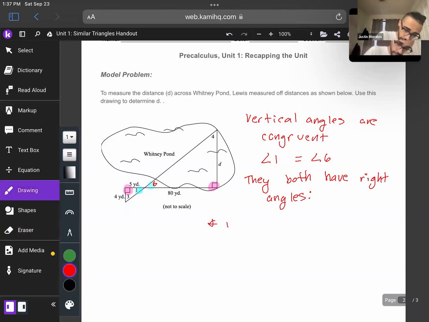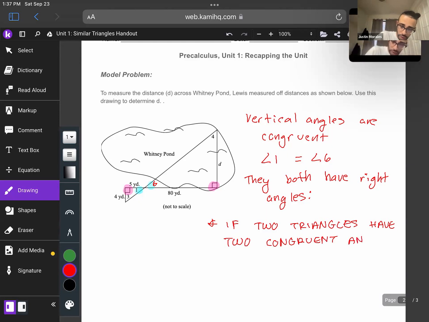sorry, that was ugly. If two triangles have two congruent, which means equal, angles, then the third angle is also congruent.